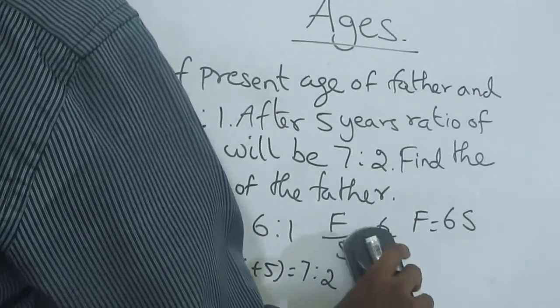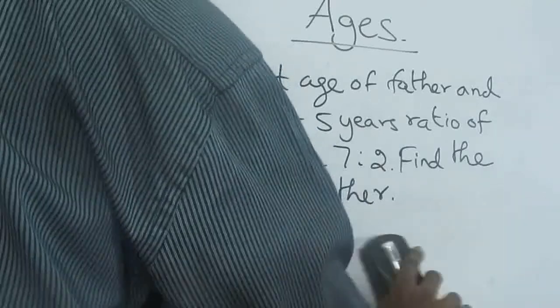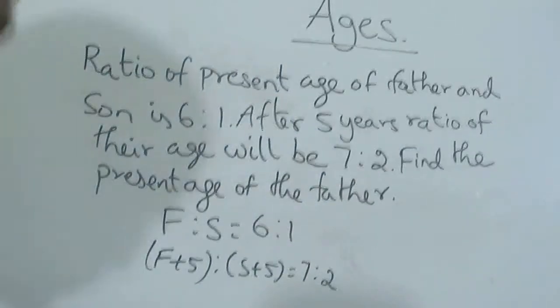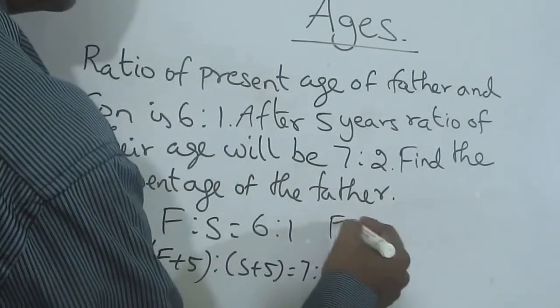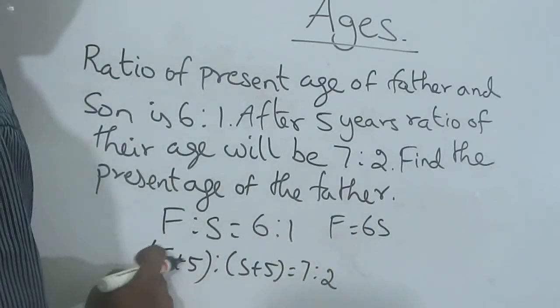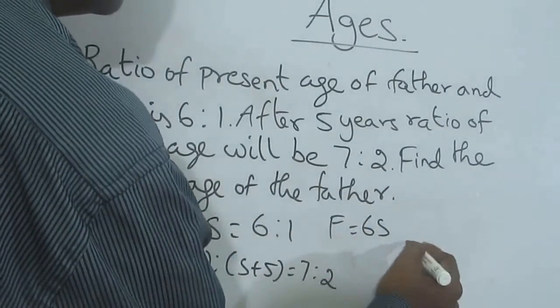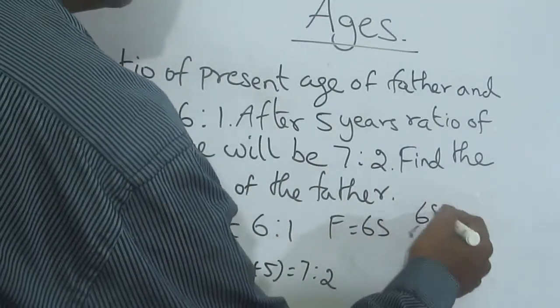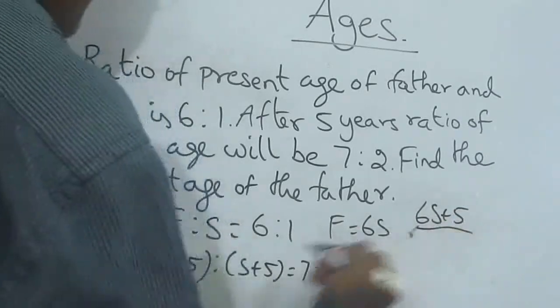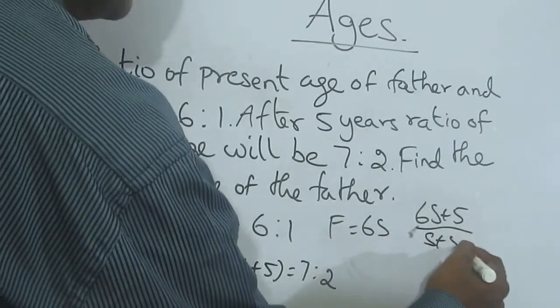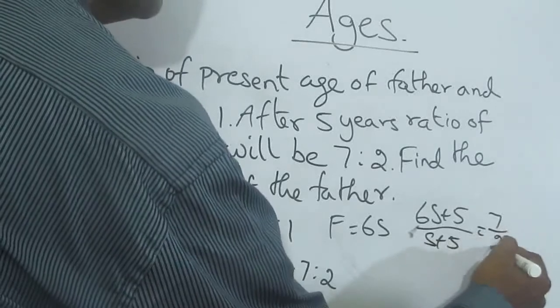Just substitute this. F equal to 6S. So just substitute here. So 6S plus 5 divided by S plus 5 equal to 7/2.